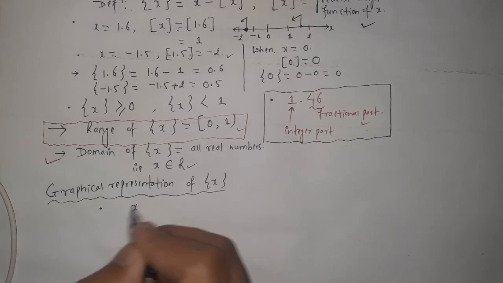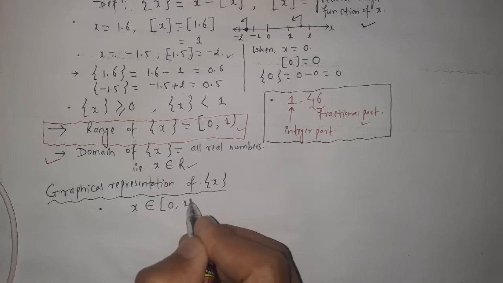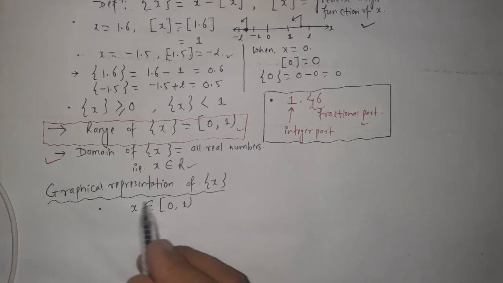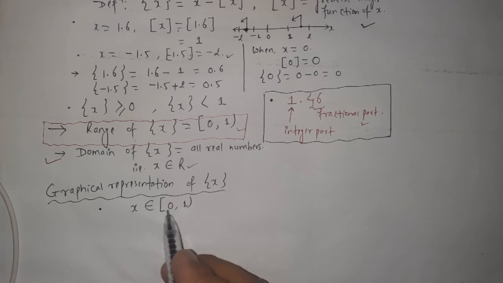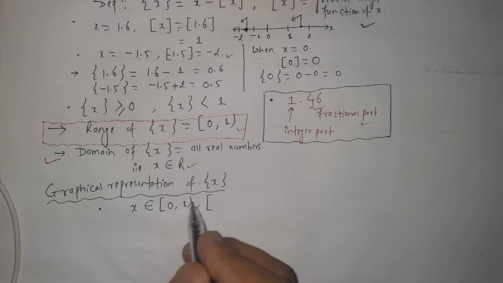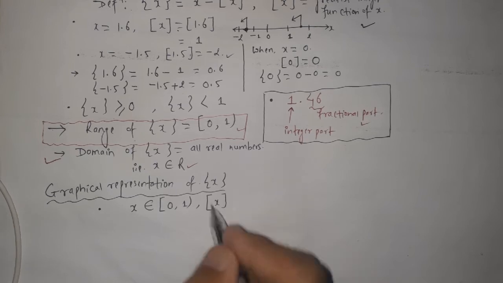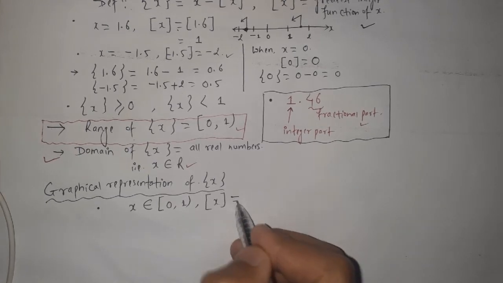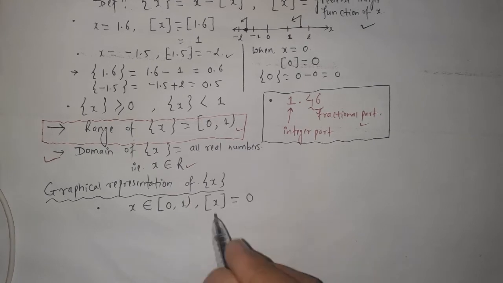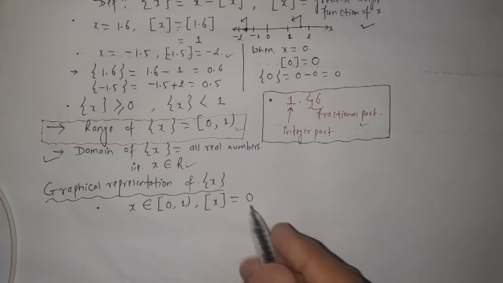When the input x belongs in this interval, 0 included and 1 not included, from 0 to less than 1, the greatest integer function of x is always 0.